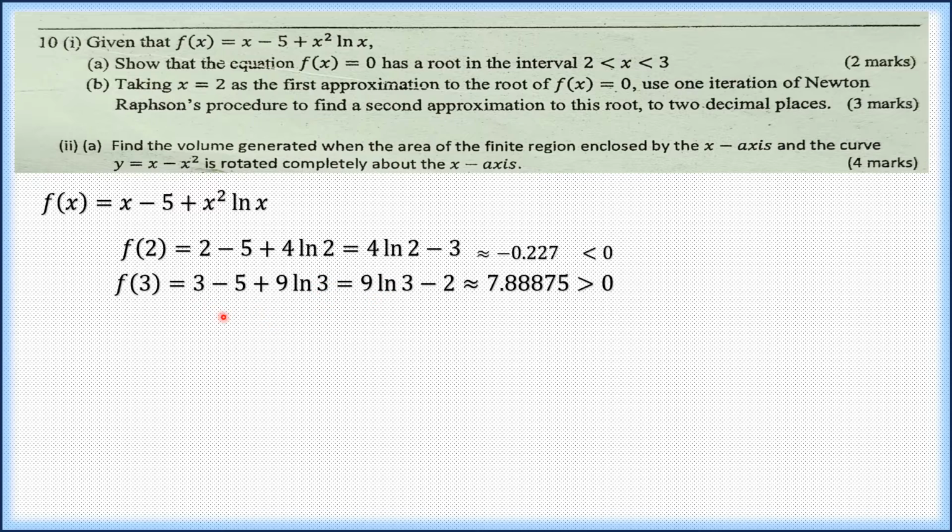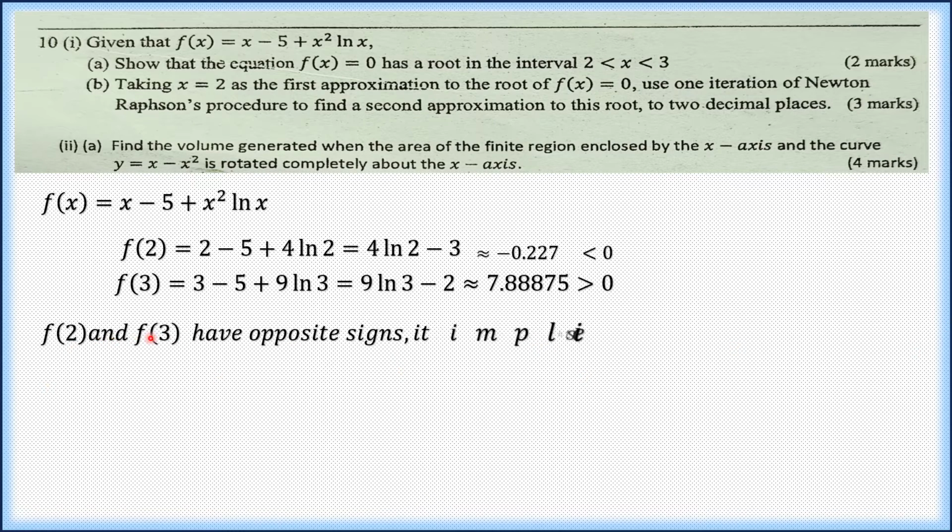So we see that since f of 2 and f of 3 have opposite signs, this one is negative and this one is positive, it shows that the graph of f of x must have crossed the x-axis between the abscissas x equals 2 and x equals 3, which shows that there is the existence of a root between 2 and 3. So that's our conclusion.